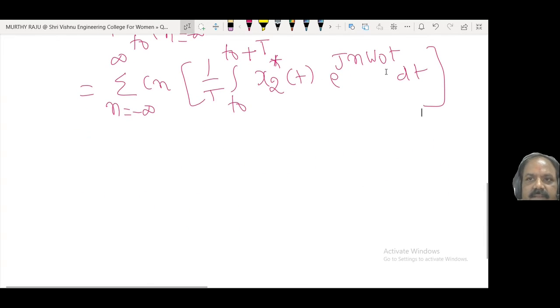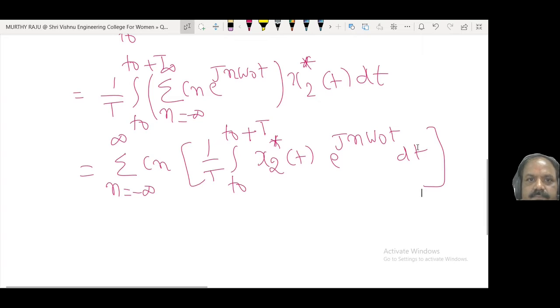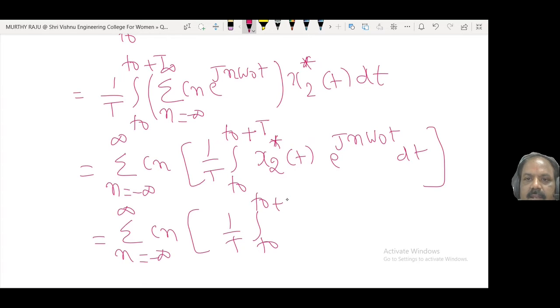That is equal to sigma n equals minus infinity to plus infinity Cn, (1/T) integral from t0 to t0+T of x2(t) e power minus j n omega naught t dt.